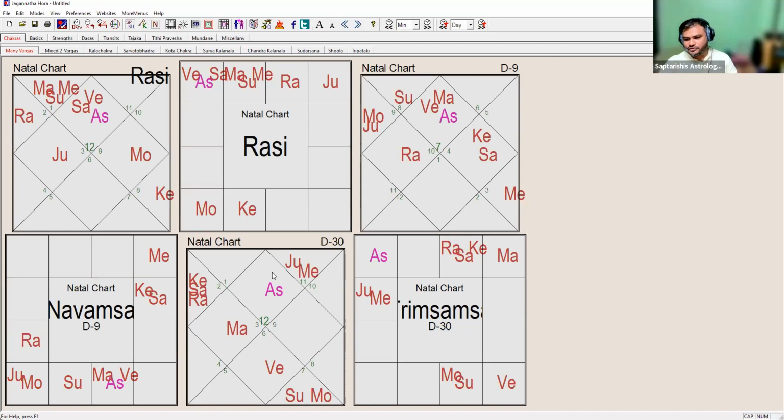Yes, sir. Both are carrying the same energy here also, Saturn. Clear? Now what about Venus? Venus is in Virgo, debilitated. Again you can see the affliction on the Lagna, Saturn, Venus.